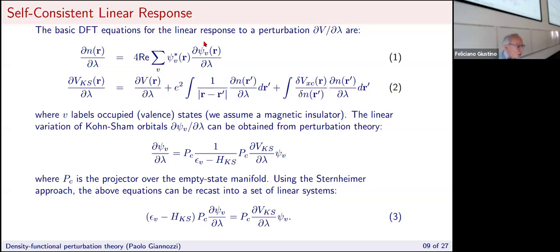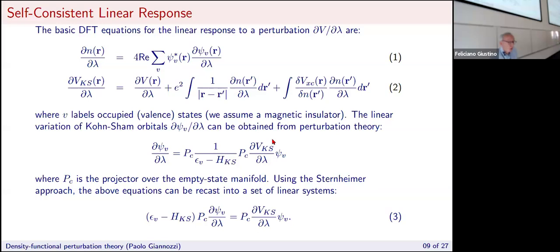Now, we still don't know the linear response of the Kohn-Sham orbitals, but we can obtain it from the linear response of the Kohn-Sham potential, using perturbation theory.